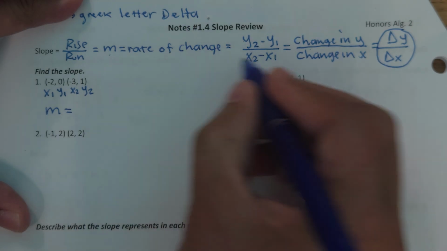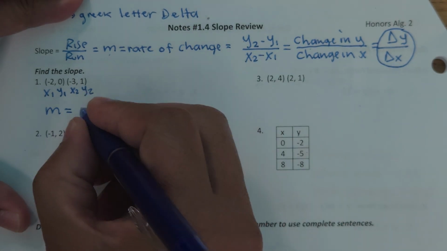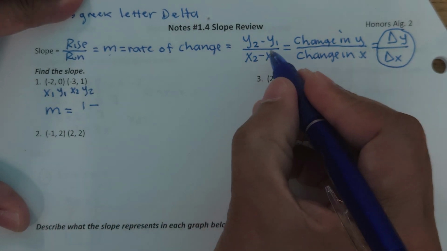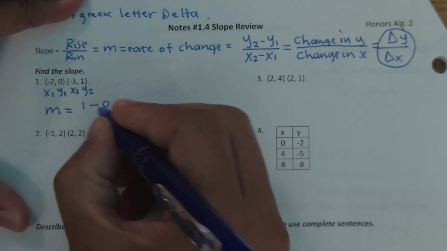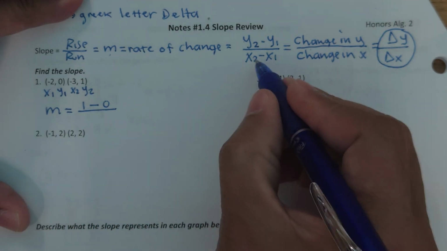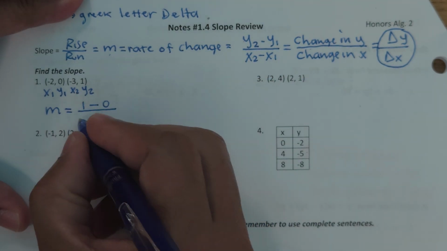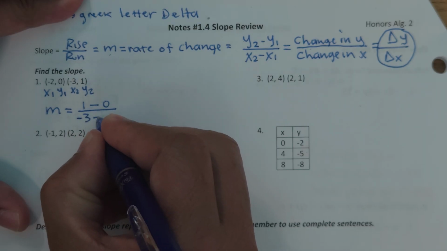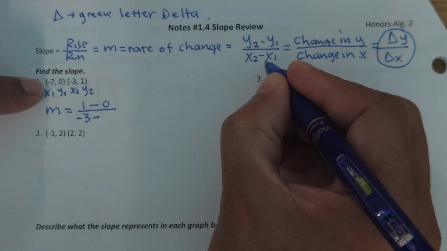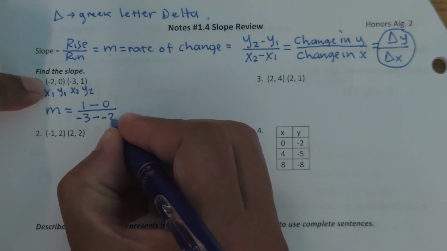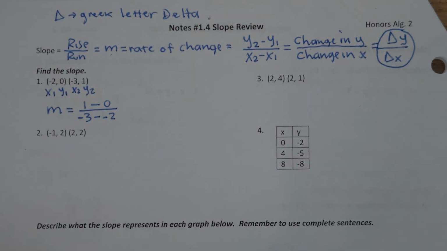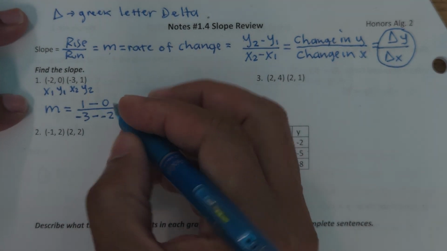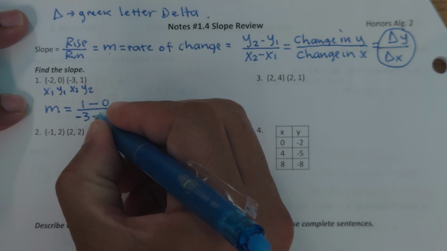And the rate of change is the y2 value, which is 1, minus the y1 value, which is 0, over the x2 value, which is negative 3, minus the x1 value. The x value is negative 2, so minus negative 2. Don't forget, in the denominator we have a negative in front of a negative, so that becomes plus.